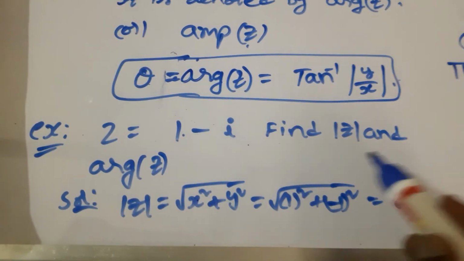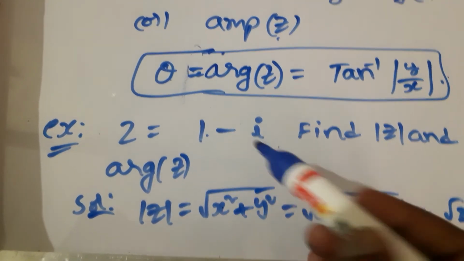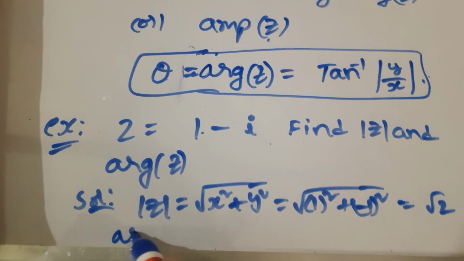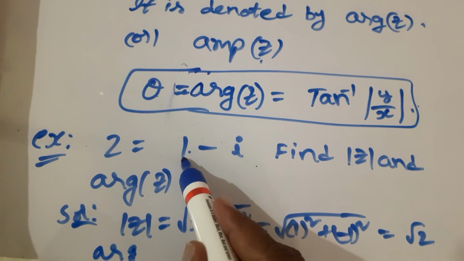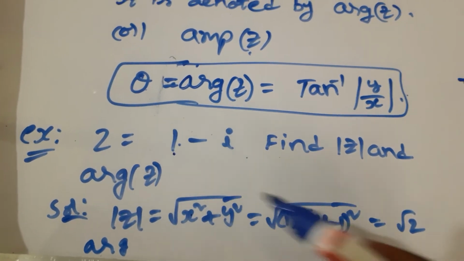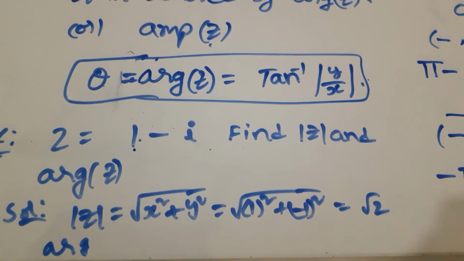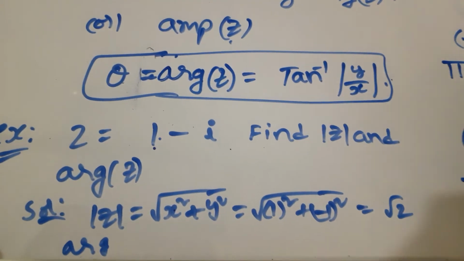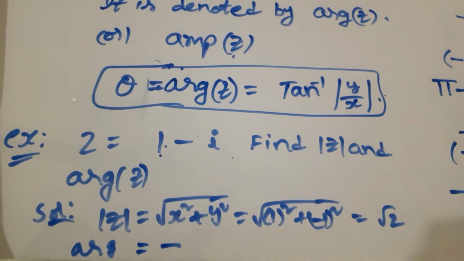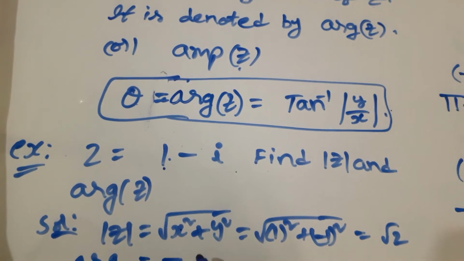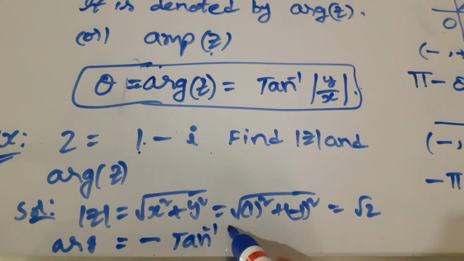So how to calculate arg z? Here x is positive, y is negative, which means fourth quadrant. In fourth quadrant the formula is minus theta, where theta is tan inverse of mod y by x.